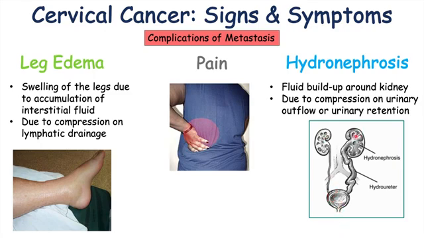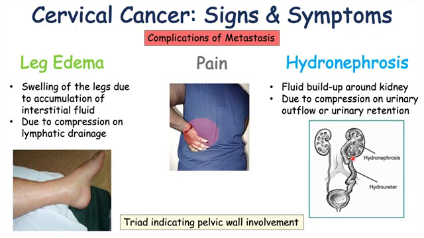So both kidneys will continue to make urine, but if that urine has nowhere to go, the urine starts to back up into the ureters again, causing hydroureters on both sides, bilaterally, and lead to fluid accumulation, or that urine being accumulated in the kidney, leading to hydronephrosis bilaterally. So those are two ways that hydronephrosis can occur in cervical cancer.